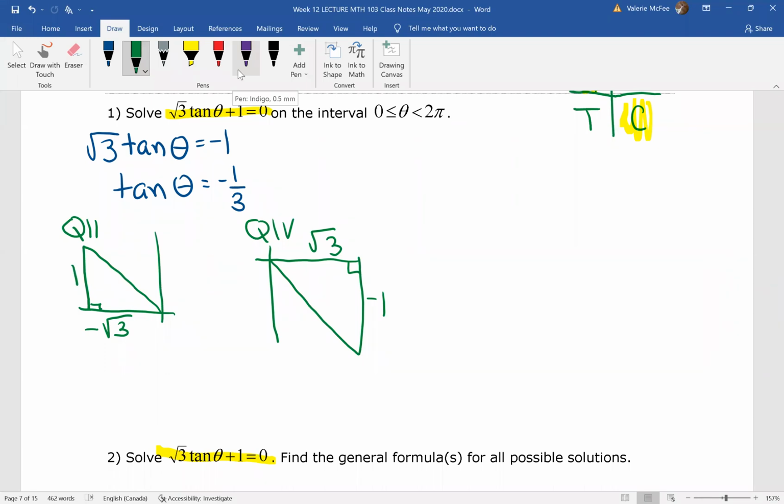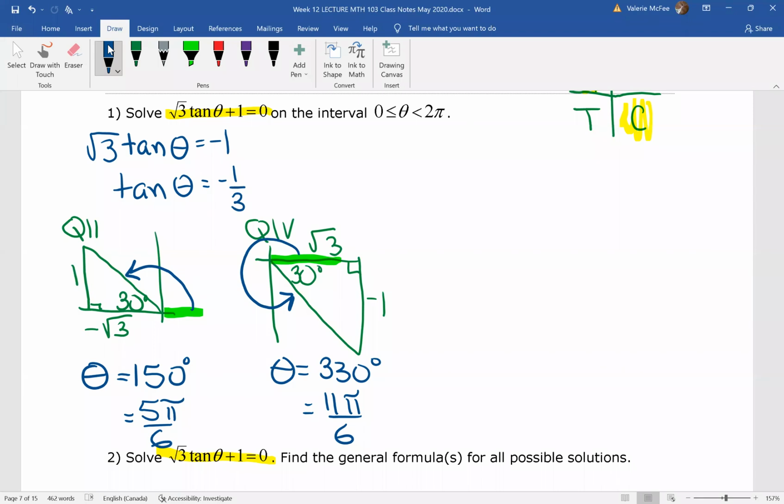After drawing your triangle in each quadrant, although you may just be using points on the unit circle, you needed to find the reference angle, and then you were able to find theta. So your answer in quadrant 2 was 150 degrees or 5 pi by 6 radians, and in quadrant 4, 30 degrees less than 360, 330 degrees or 11 pi by 6 radians.